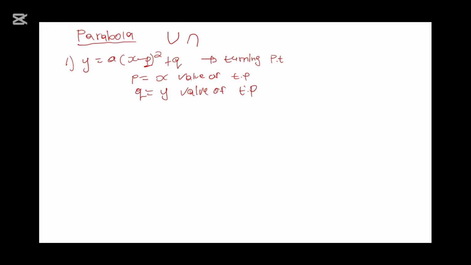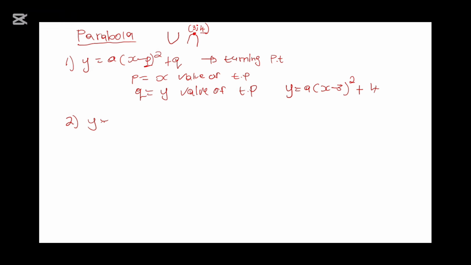Meaning that if, let's say, at the turning point I have 3 as the x value and 4 as the y value, basically y is equal to a times (x minus 3) squared plus 4 as your y value. And then what you're going to do is break this bracket and solve it.